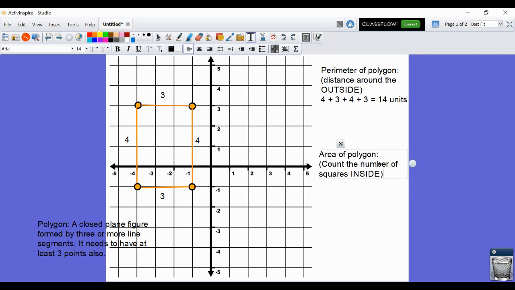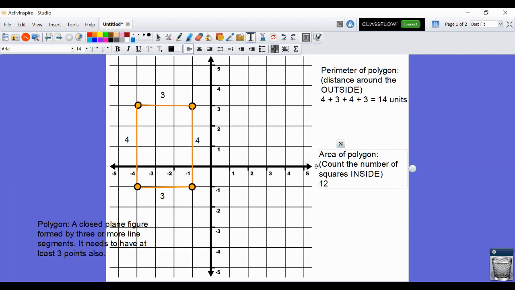Area, we're counting the number of squares inside. Now, if it's a regular polygon, like a square or a rectangle, or even a triangle, we could use our measurements, but we could also count the number of squares on the inside. So let's count: 1, 2, 3, 4, 5, 6, 7, 8, 9, 10, 11, 12.